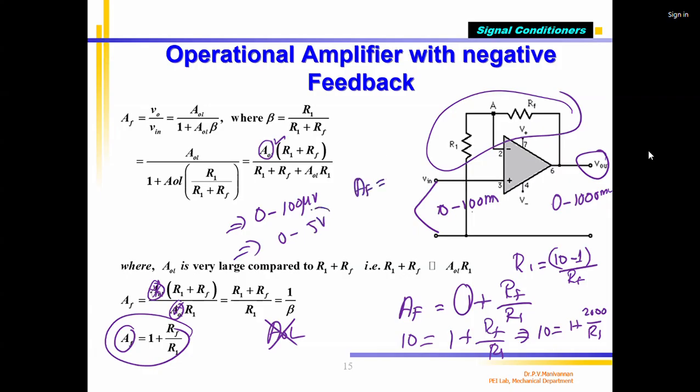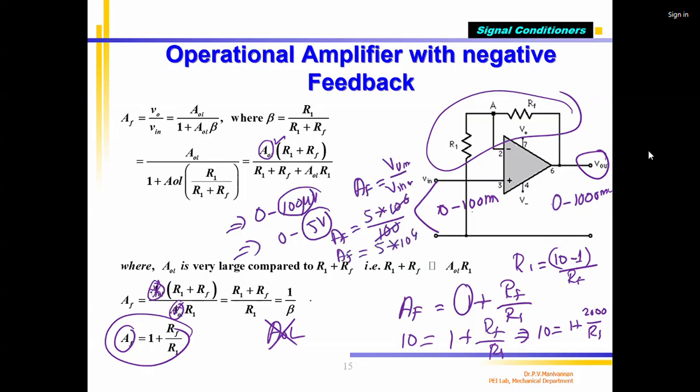AF equal to maximum output voltage wanted divided by maximum input voltage, V0 max divided by V in max. So AF equal to 5 volts, which is 5 into 10 power 6 microvolts, divided by 100. Correct? So AF equal to 5 into 10 power 4.